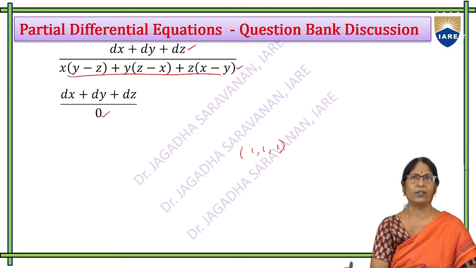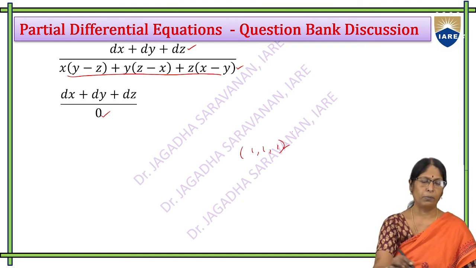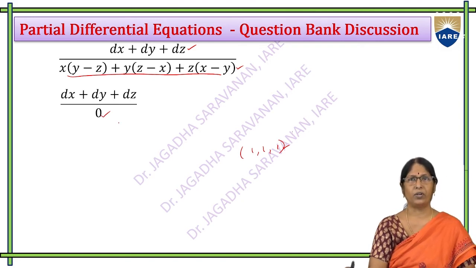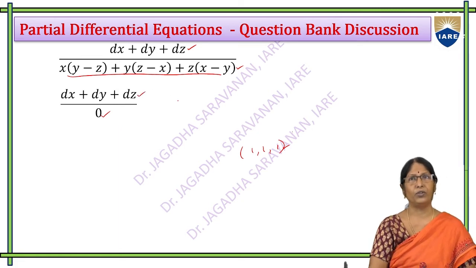Anything can be selected. If x comma y comma z, yeah, we can select it, nothing wrong in it. But after multiplying with the members, we have to add the numerators and denominators. The denominator result should be 0. Then the multiplier we have selected is correct. So now, once the condition for the Lagrange's multiplier is satisfied, we can integrate the numerator.